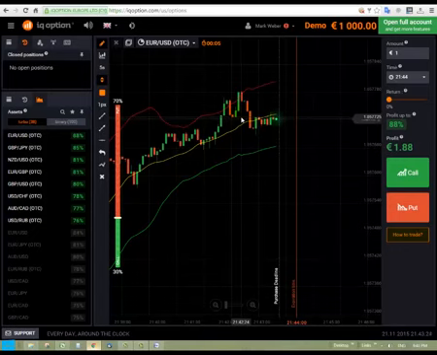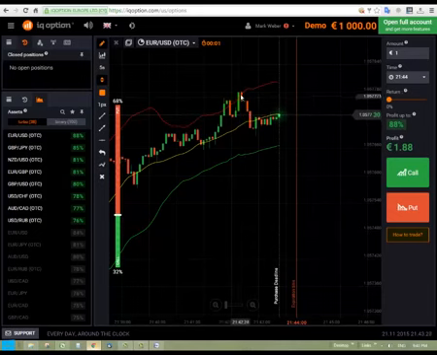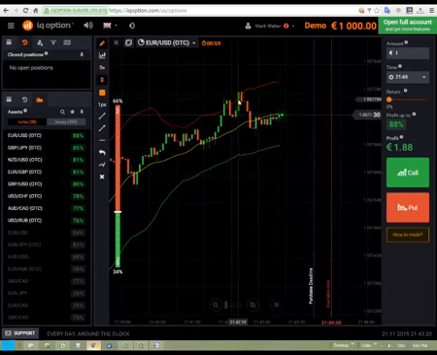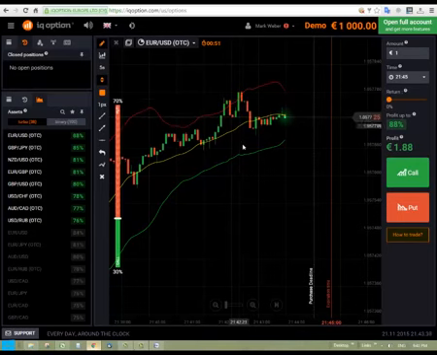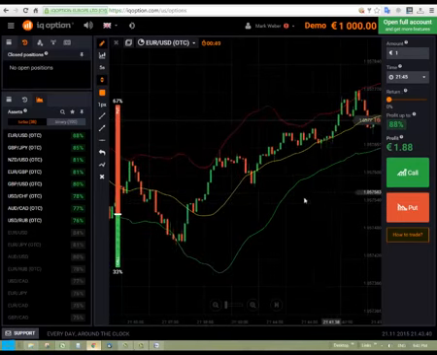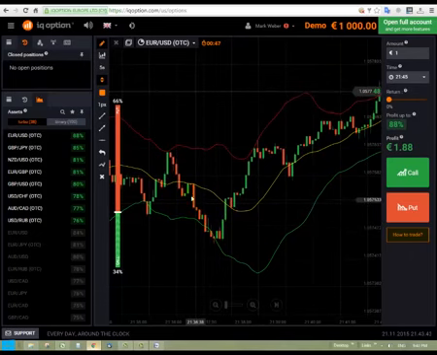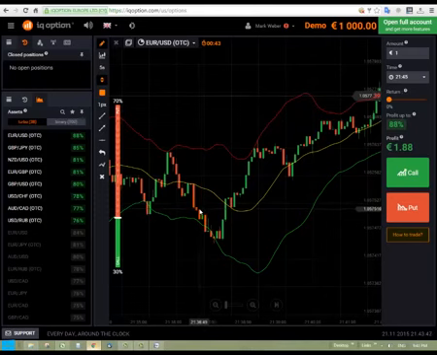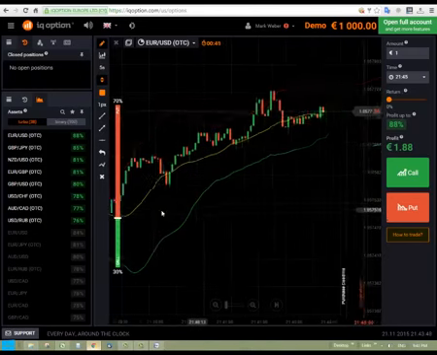On a graph, when the candles start to break out above the top band, here, then the move will usually continue to go up. And when the candles start to break out below the lower band, then price will usually continue to go down.